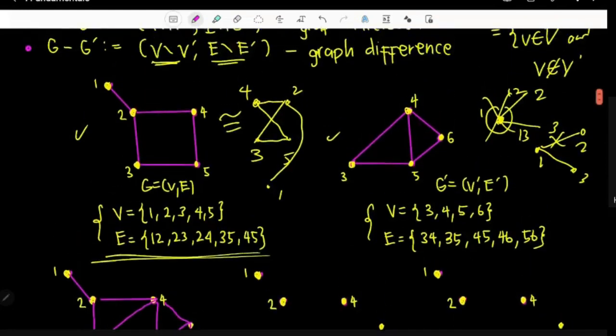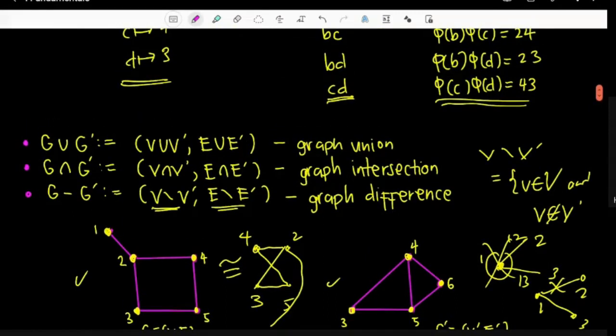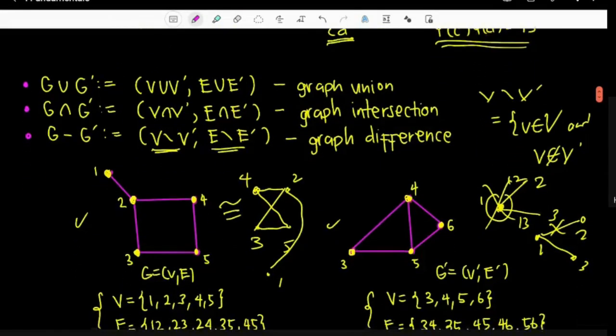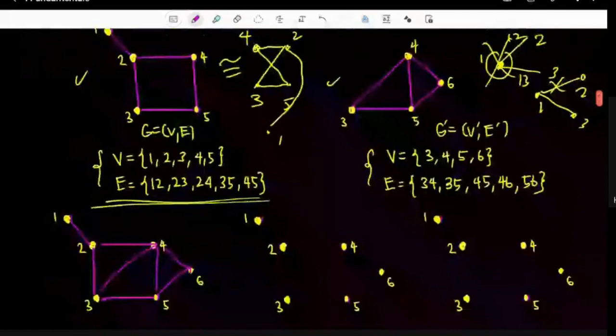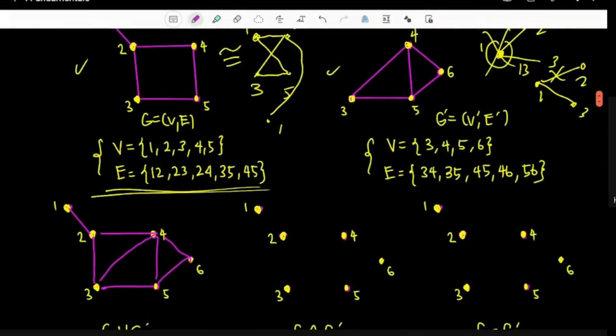Now, what's the intersection? You get the common vertices. So what's the common vertices here? So the common vertices are just 3, 4, and 5. Yun lang yung common na vertices. So you remove yung mga hindi common. Dito common, dito common. Alright. And then, you get the common edges.